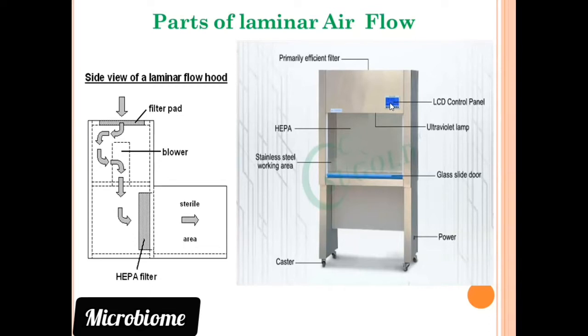You can also adjust the speed of the air, low, medium and high, from the LCD control panel. Next, there is an ultraviolet lamp or UV lamp on the upper side of the laminar airflow. Then there is a HEPA filter at the back side of the laminar airflow unit.